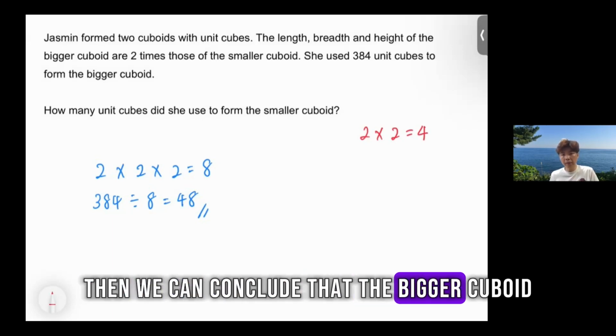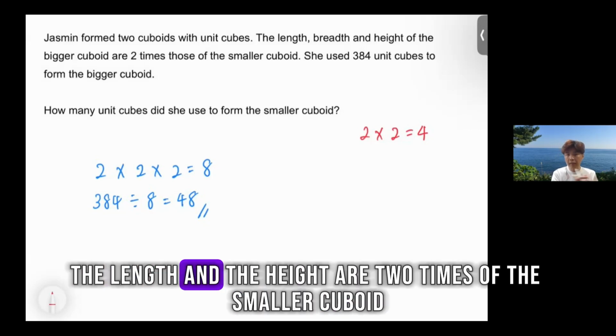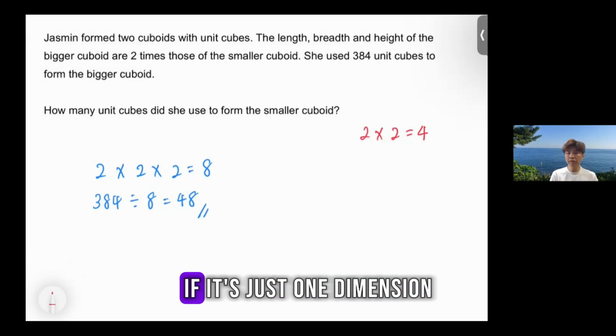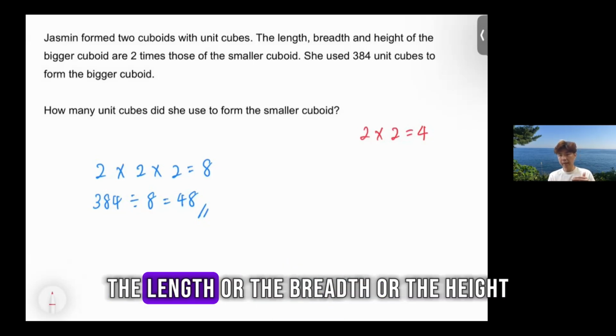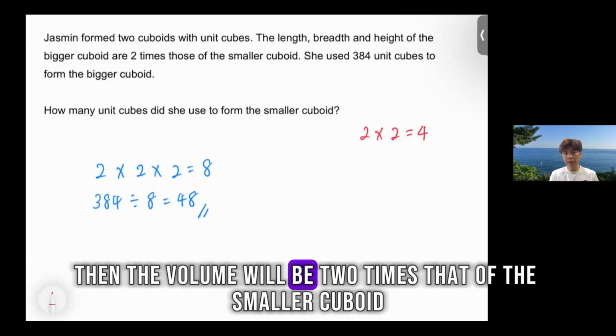Then we can conclude that the bigger cuboid is 4 times bigger than the smaller cuboid. Or it could be the length and the height are 2 times of the smaller cuboid, the breadth remains the same, it's still 4 times larger. Or as mentioned earlier, if it's just one dimension, the length or the breadth or the height, just one of this, that is larger than the smaller cuboid, then the volume will be 2 times that of the smaller cuboid.